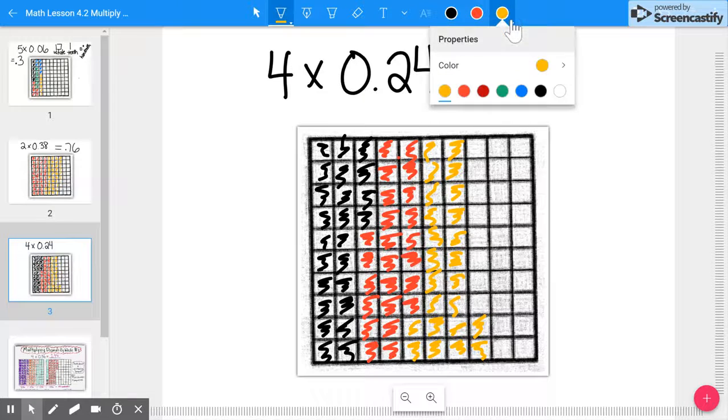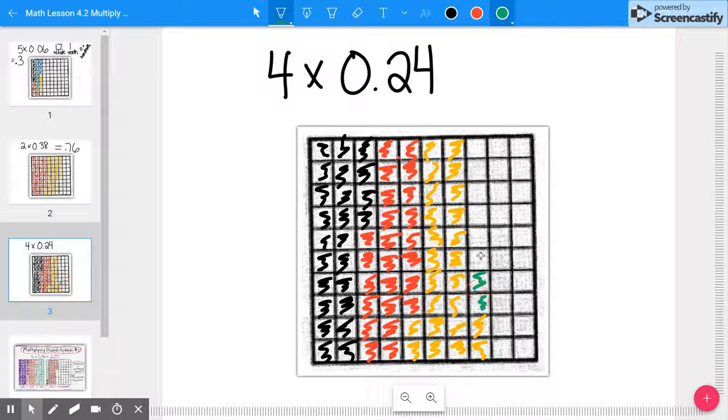And now I need to do one more group, so I need to pick another color. Then one more group of 24 hundredths, counting up to 24. So now I need to figure out how many cubes I colored in.